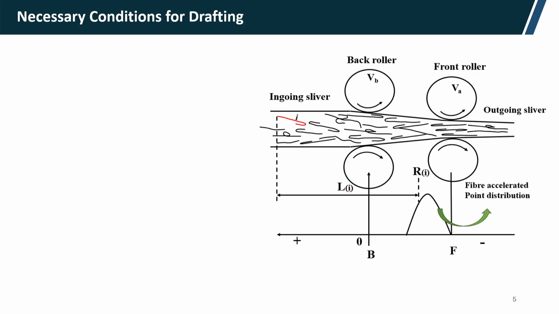Now, this is the schematic diagram here. This is the back roller, here is the front roller. So, back roller speed is Vb and front roller speed is Va, and then after drafting there will be outgoing fibers.